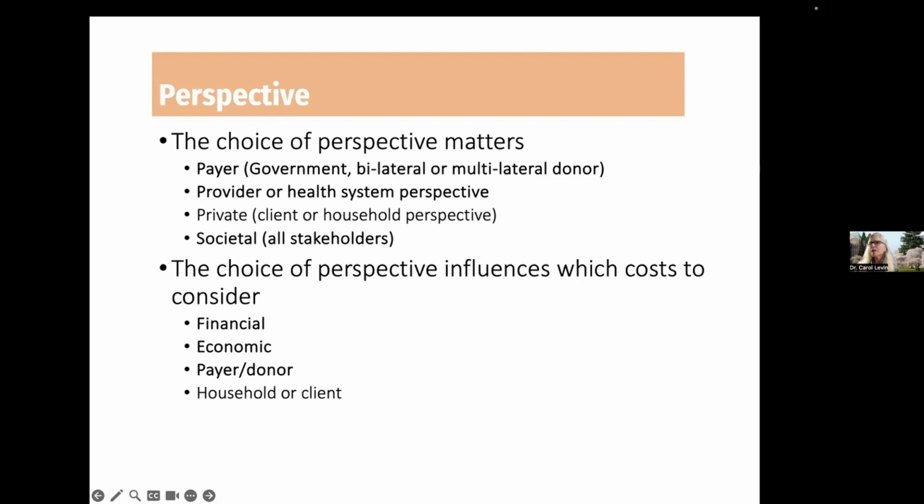So whose perspective should you use? That depends on your objective, the cost, and it depends on who's using that data and results. Governments are often interested in costs incurred by society, how it affects all stakeholders. Private insurers may only be interested in the costs incurred by their company, so a payer, for instance.